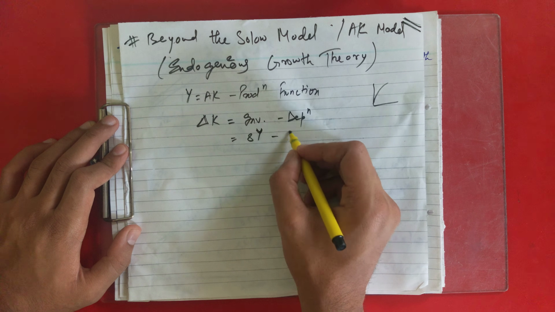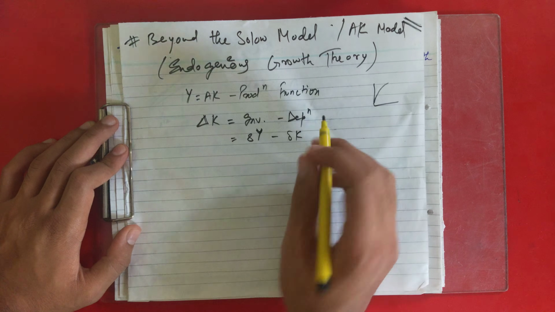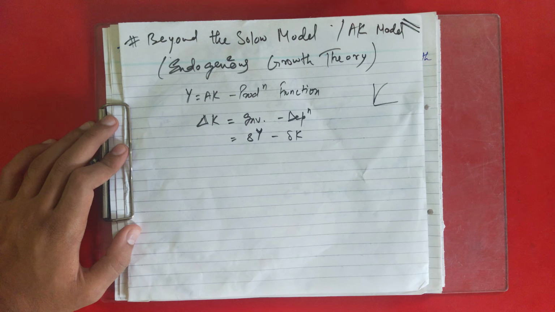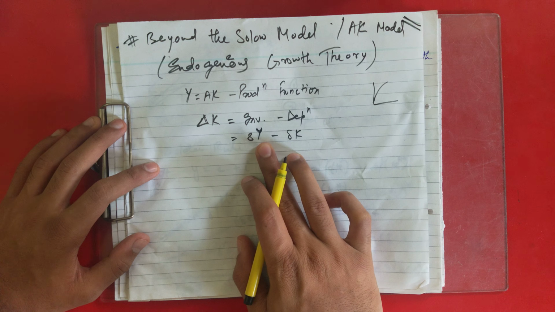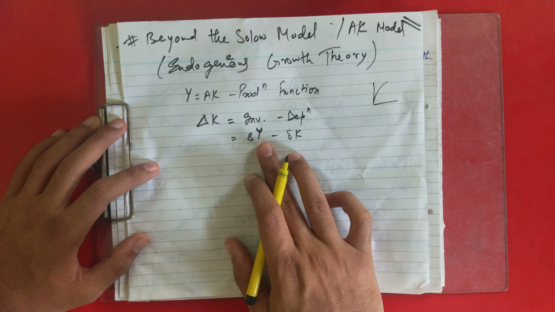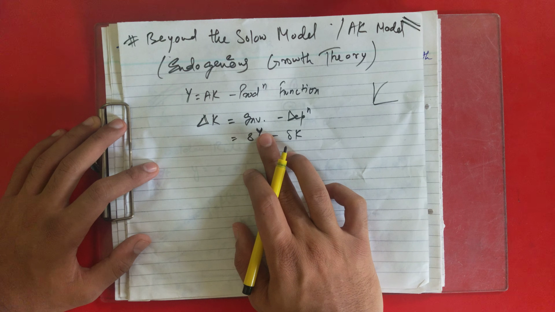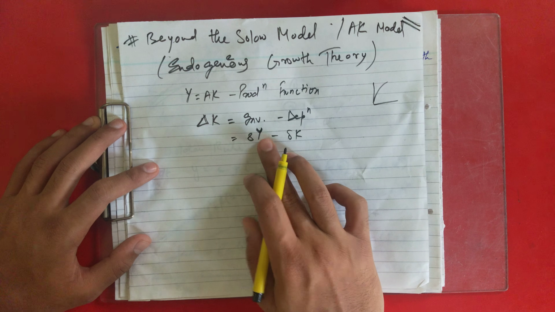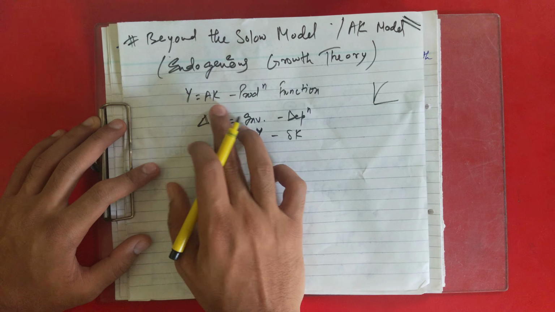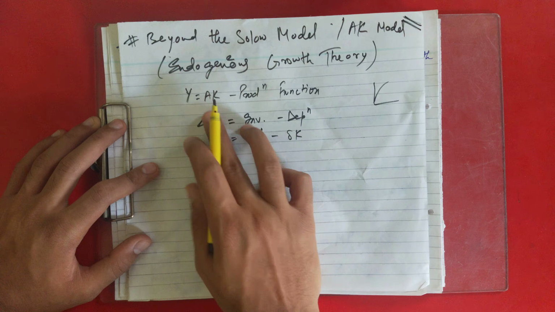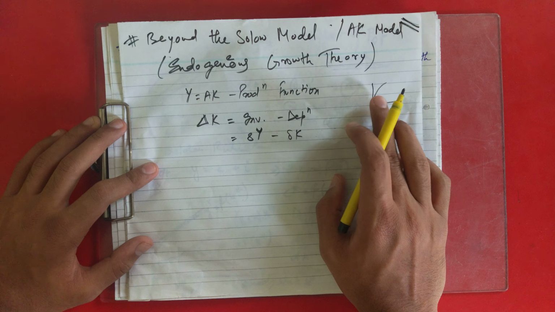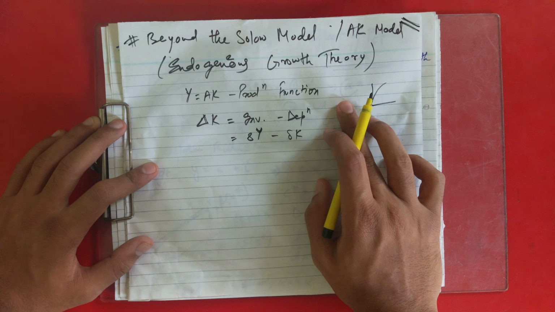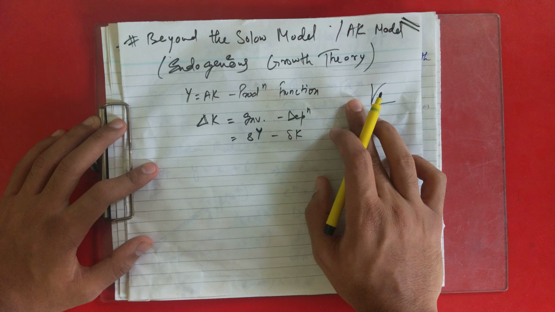And the depreciation rate is delta, same as before, times capital K. Earlier we wrote it as a function of capital, but now your aggregate production function is Y is equal to AK. Earlier the function represented diminishing return, but here it does not.